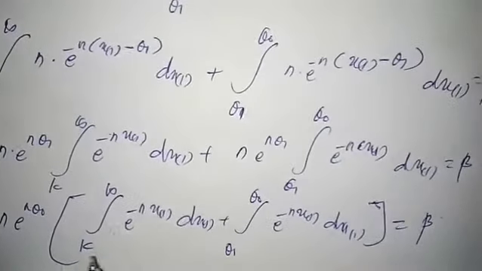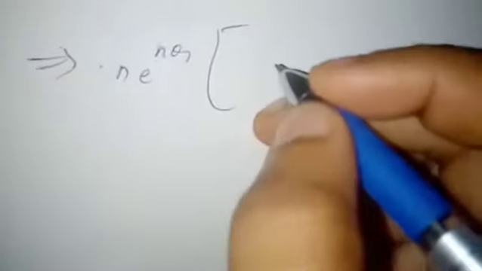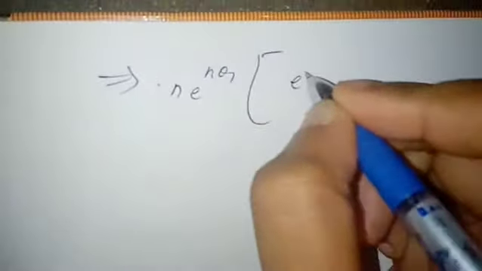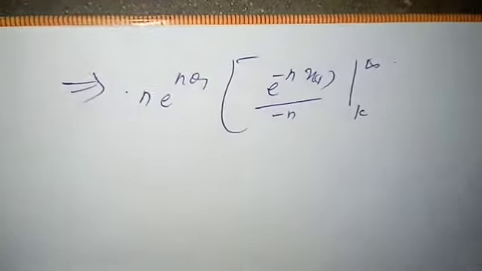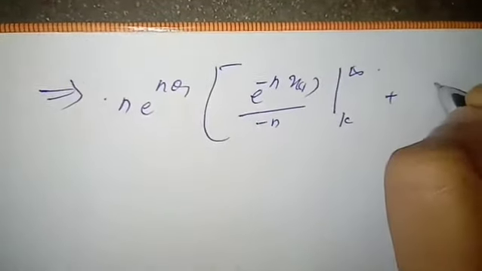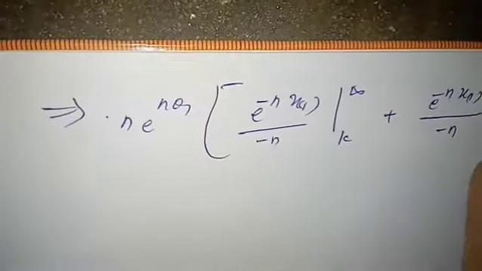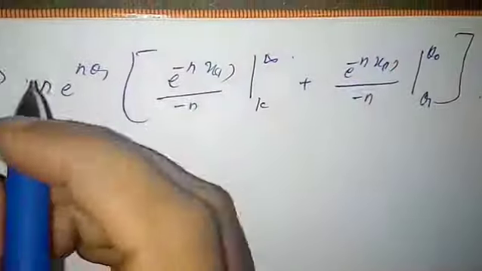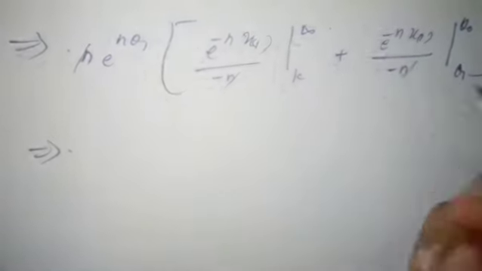Then we have to integrate these two terms, which implies n e power n theta 1 times e power minus n x1 divided by minus n, with limits k to infinity, plus the second term, e power minus n x1 divided by minus n from theta 1 to theta naught, which implies here n got cancelled.